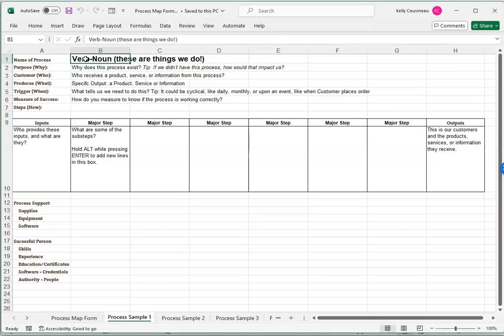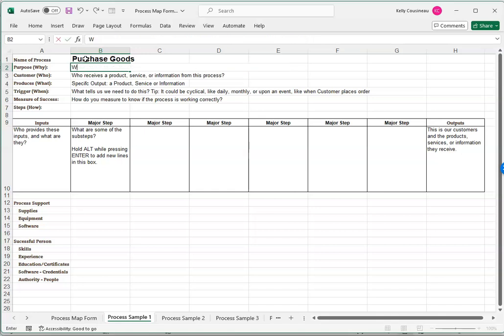What are we asking someone to do? So I'm going to say purchase goods. The next question is, why does this exist? And the tip is, if it didn't exist, what would happen to our business? So I'm going to say, we can't operate without materials to do our work.